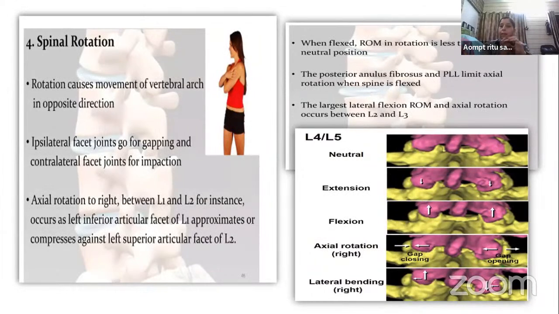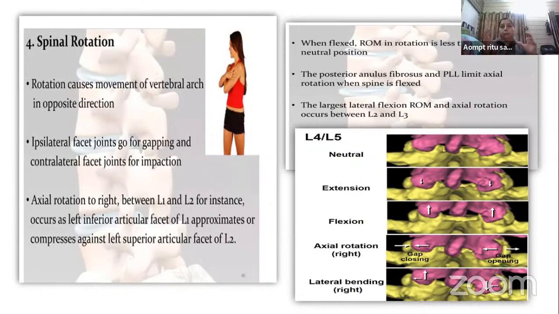In this also, the largest lateral flexion range of motion and axial rotation normally occur between L2 and L3. This is how it looks in the neutral lumbar spine. In extension, it moves backward, so it gets compression; in flexion, it moves forward; and then there are axial rotation and lateral bending.